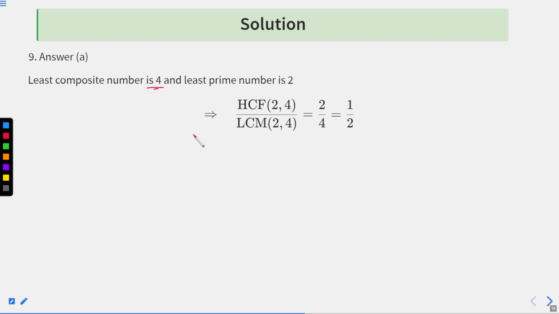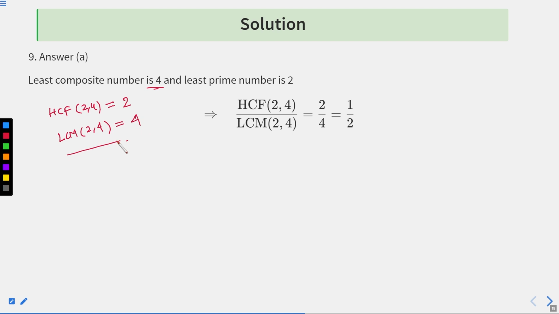If we take the HCF of 2 comma 4, the highest common factor is 2. The LCM of 2 comma 4 is the product of the highest powers of the prime factors, which is 4.